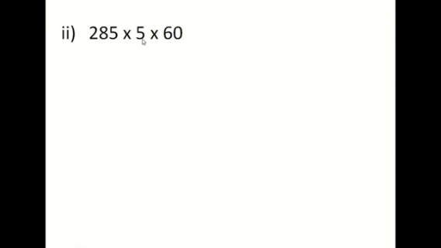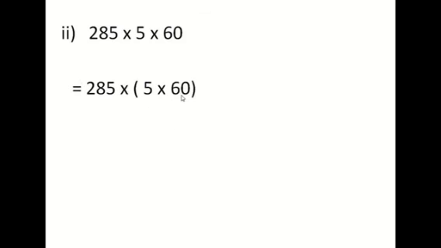285 multiplied by 5 multiplied by 60. You have to find the product by suitable rearrangement. Work out with me. The first thing you have to do is group them. How to group them? You have to check and find out which will be the easier one, and that group only we will do. Look at what I have done.